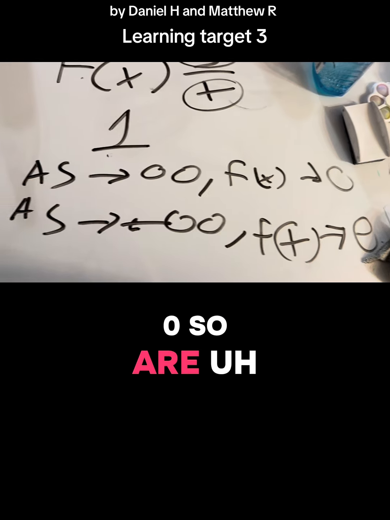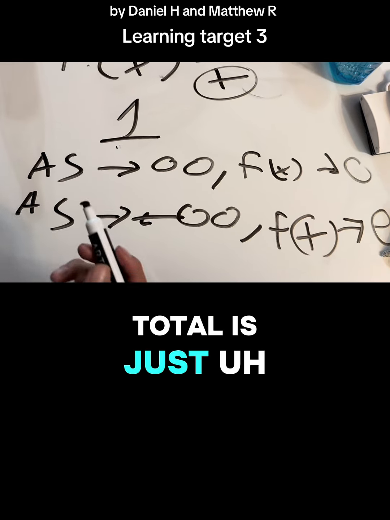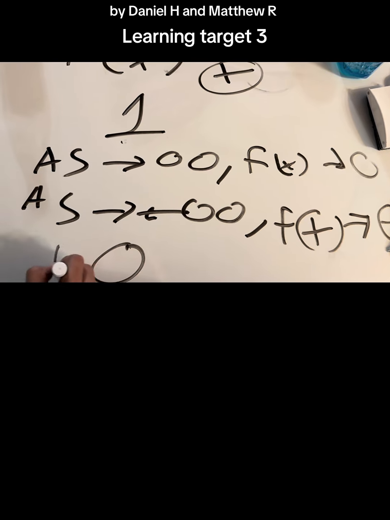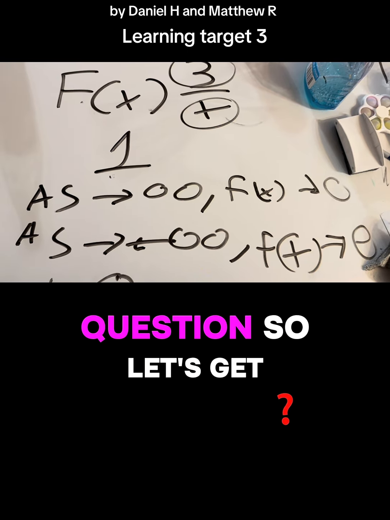So the horizontal asymptote is just y equals 0. This one is pretty simple. The next one is a much harder question, so let's get to it.